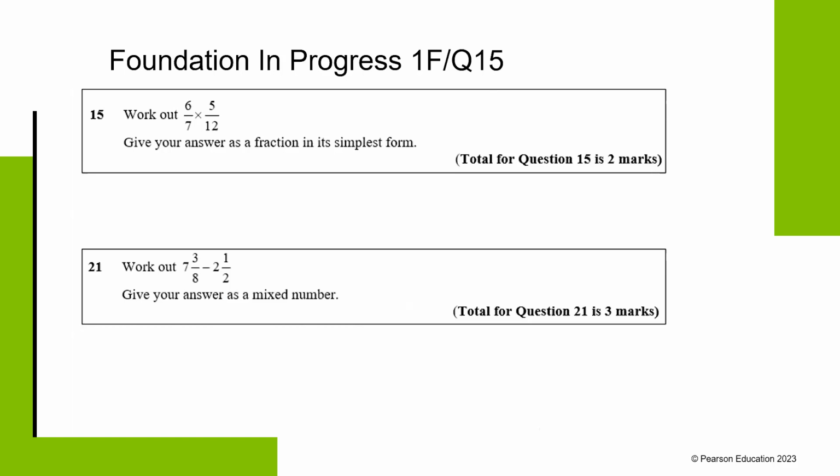For question 15, the multiplication question, the performance was split into thirds. A third of students scored 0, a third of students scored 1, and a third of students scored 2 marks. The most common correct approach was to find the product of the numerators and the product of the denominators to give 30 over 84.